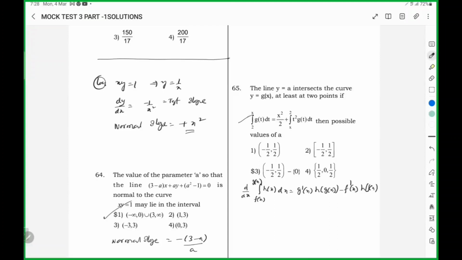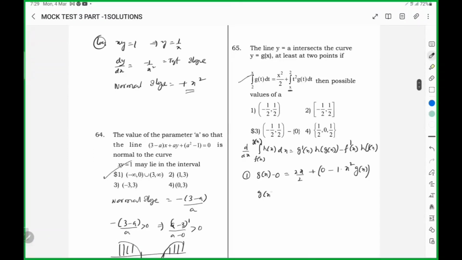If you differentiate, the upper limit is g of x and the lower limit is 0, where the upper limit differentiation is 0 minus x derivative is 1. So g of x is x by 1 plus x squared.